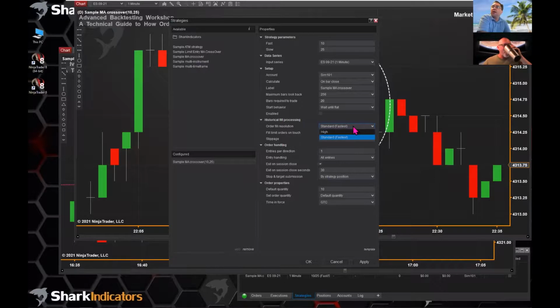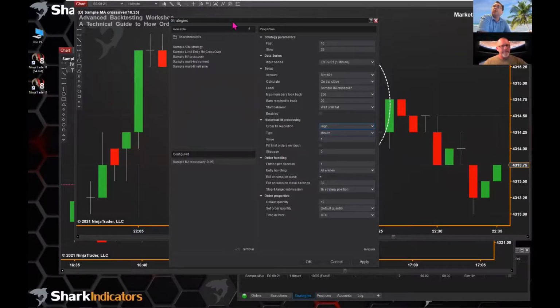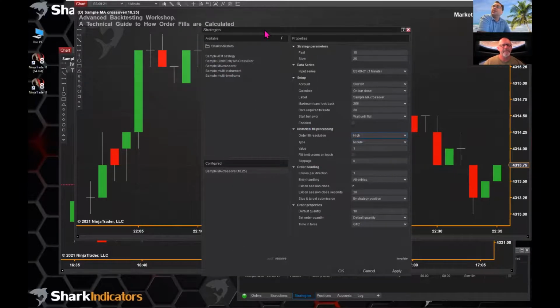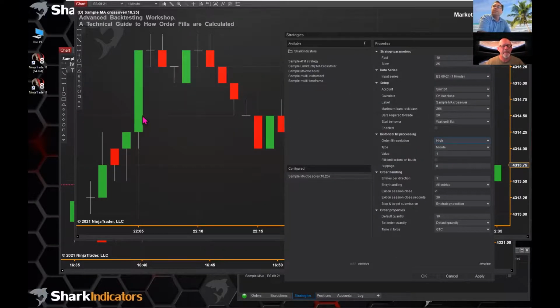If I wanted higher resolution, and the reason you want high resolution is, what if you get into a trade and you have a really long bar like this, a really long bar, and that bar is so long that it touches your profit target and it touches your stop loss, all within the same bar?